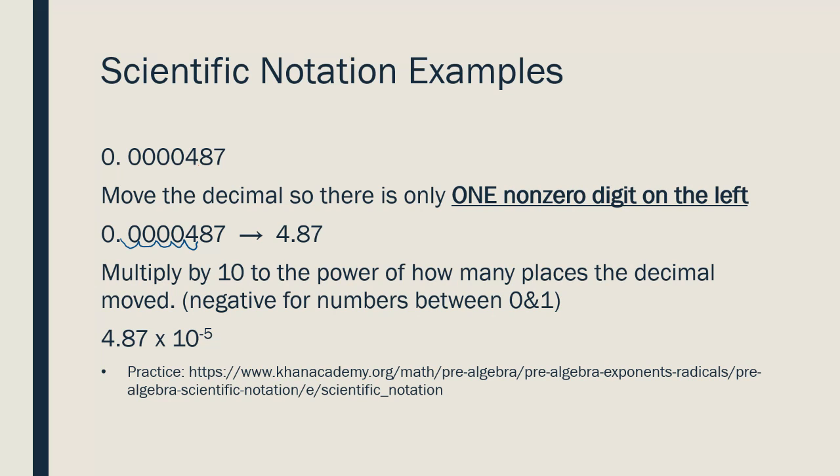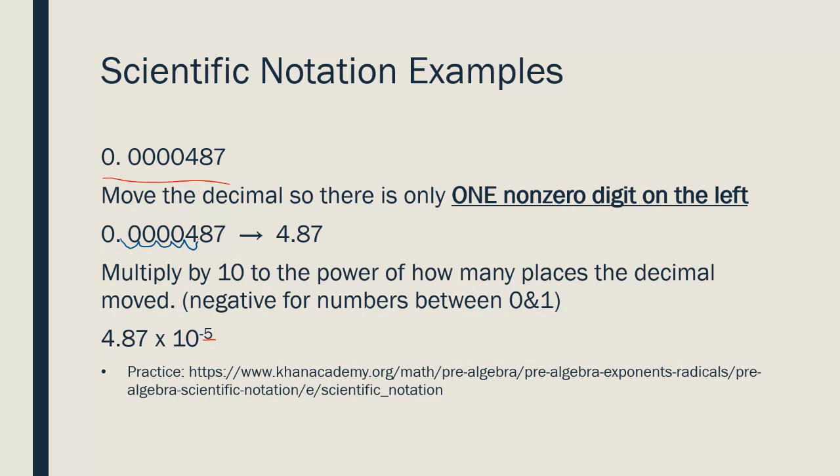To do that, that's going to be 1, 2, 3, 4, 5 jumps. And we get 4.87. And because we did 5 jumps, we're going to raise 10 to the power of 5. But this time it needs to be negative because this number was between 0 and 1, and we were moving the decimal to the right, basically.